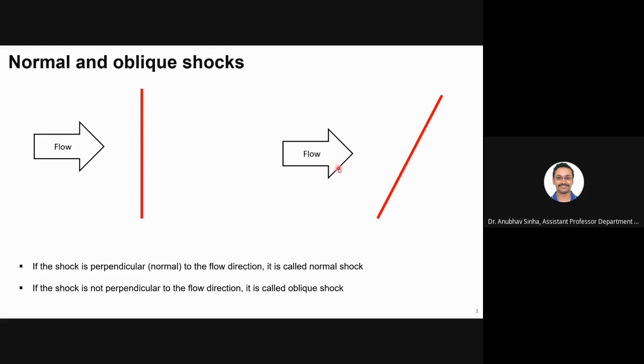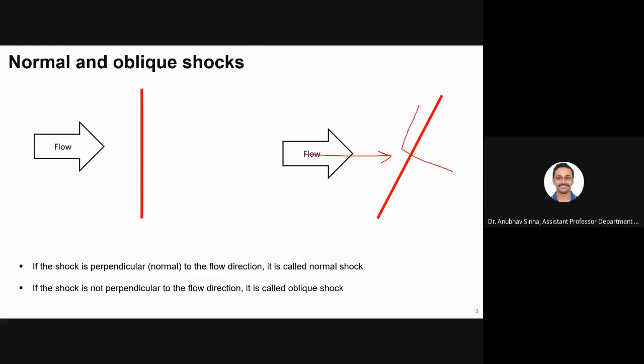As you will see in later slides, when we are studying oblique shock, we can divide this incoming flow into two components. One will be in the perpendicular direction to the shock. Let me draw it for you. So this is a vector, right? I can say that we have two components, one going in this direction and one going in this direction.